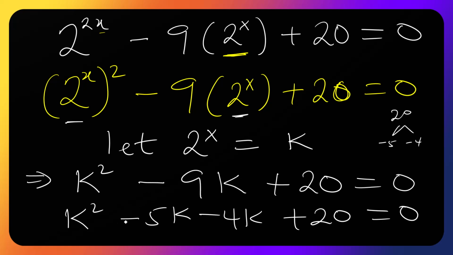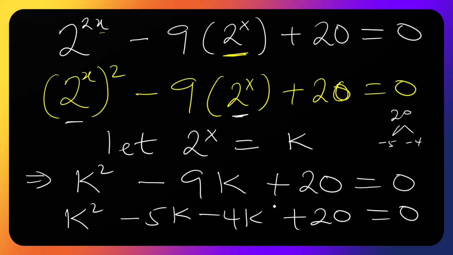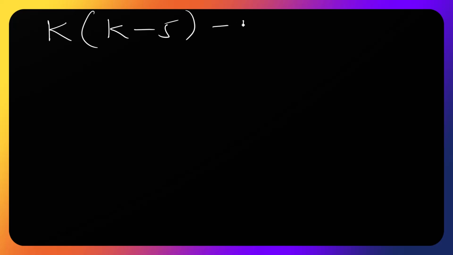So k squared minus 5k, if I take k out, that will be k minus 5. And this side, minus 4k plus 20, I'll take minus 4 out, that will be k minus 5 equal to 0.